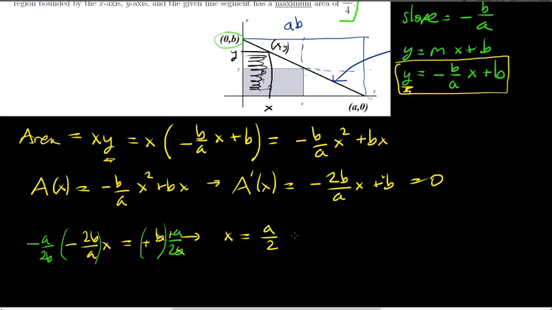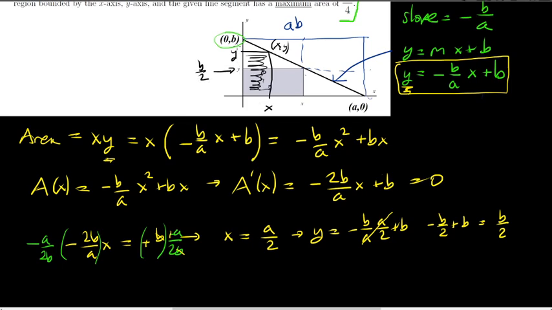And then to find y, you just plug in x equals a over 2. So the a's cancel, and you just get negative b over 2 plus b, which is just positive b over 2. So of course, the y-coordinate right here is just b over 2.